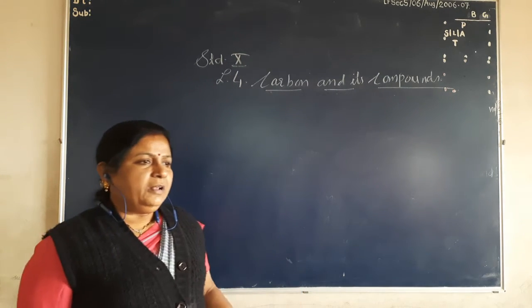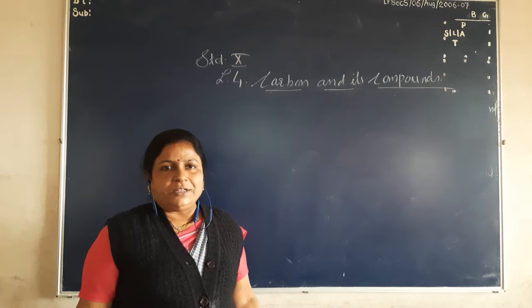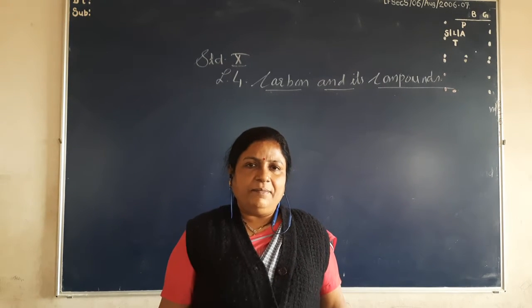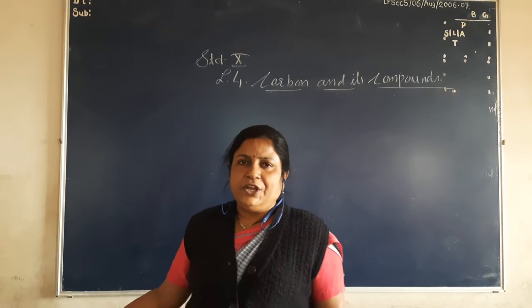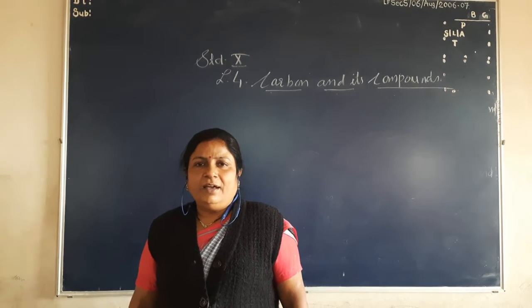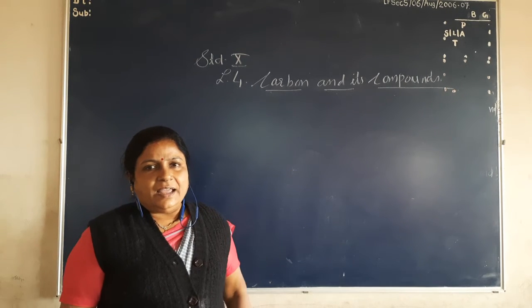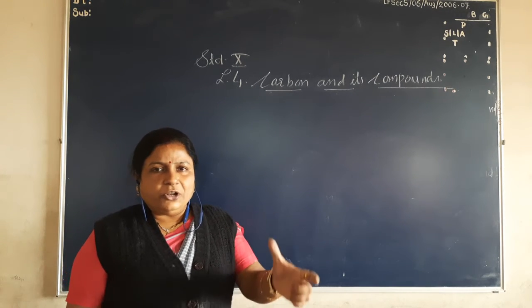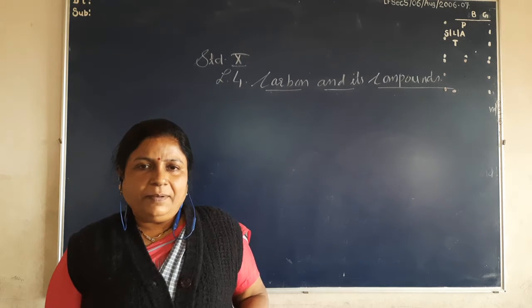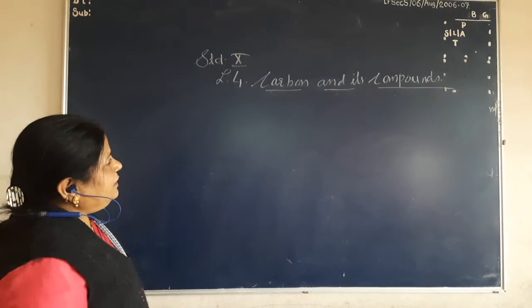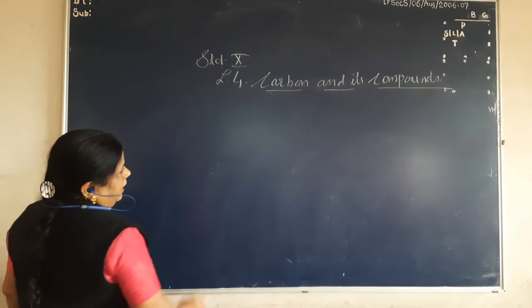In the classroom where you are sitting, the benches and desks are all made up of carbon. Plastic chairs, carbon. Then our body, carbon is there. Leaves, plants, etc. Everything you imagine, your water bottle is made up of carbon, that is, made up of PVC. Fine.